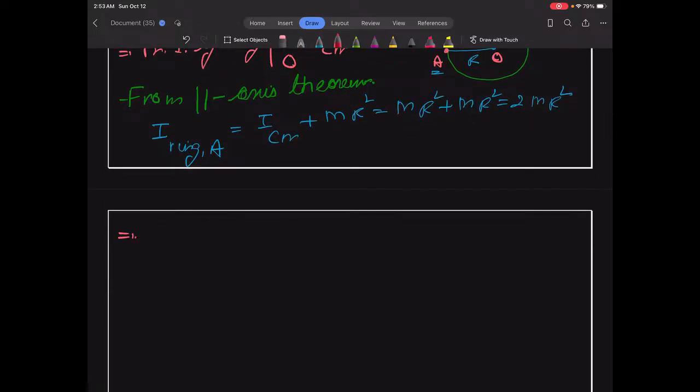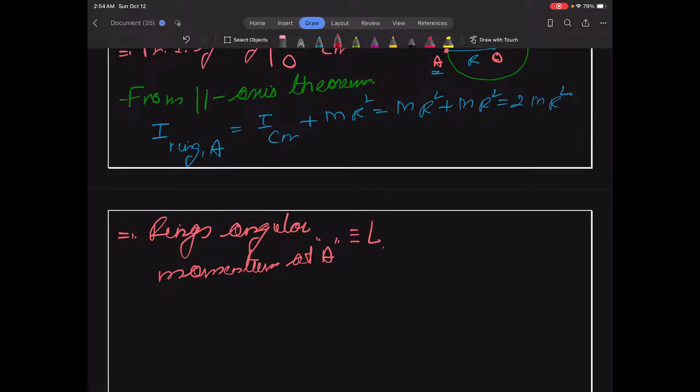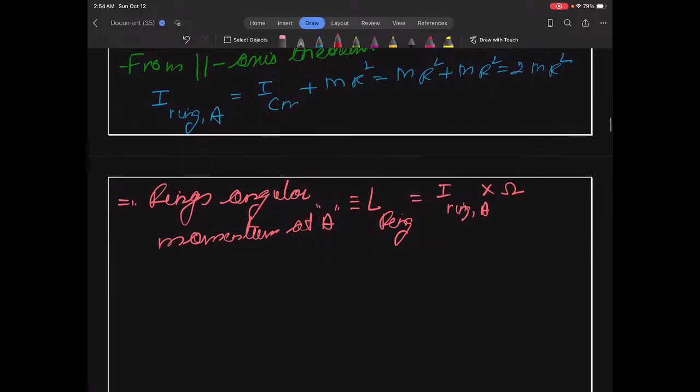Therefore we can say the ring's angular momentum about pivot point A will be equal to the angular momentum of our ring, L ring, which is equal to the moment of inertia of the ring about point A multiplied by its angular velocity, that is omega.